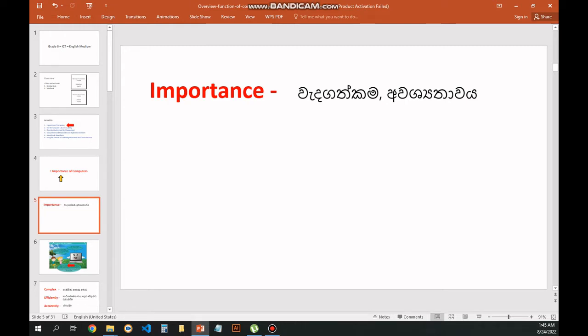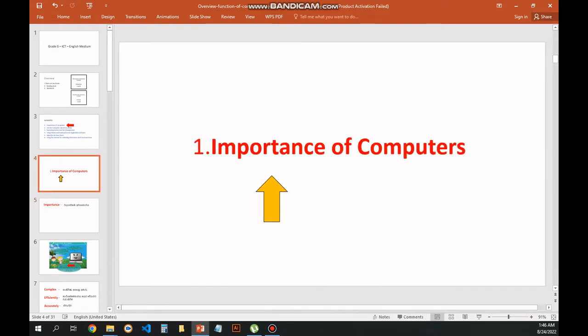That means the topic is what the necessity or importance of computers is, and that is what we are going to learn. I hope it's clear for you all. So our first lesson is the importance of computers.